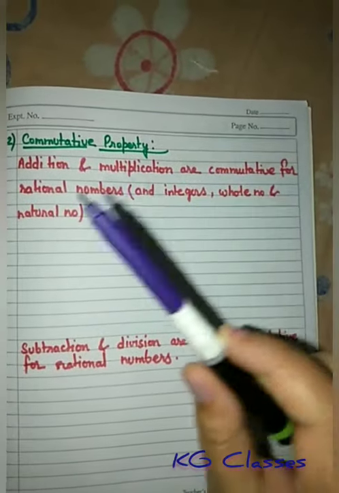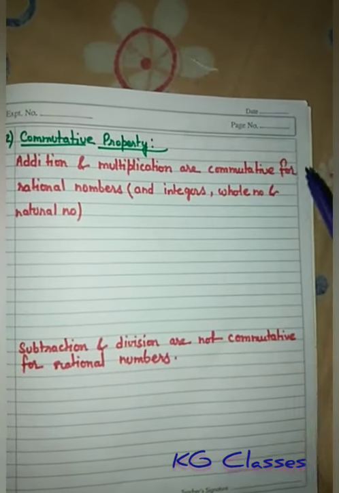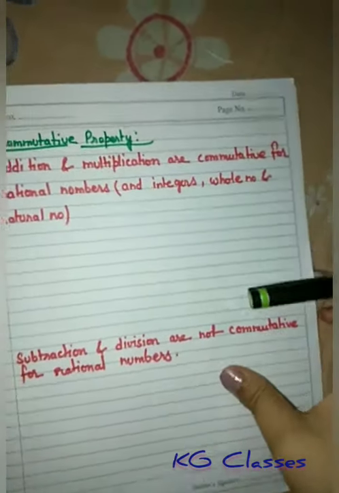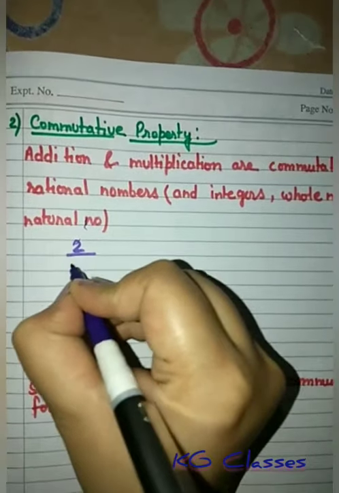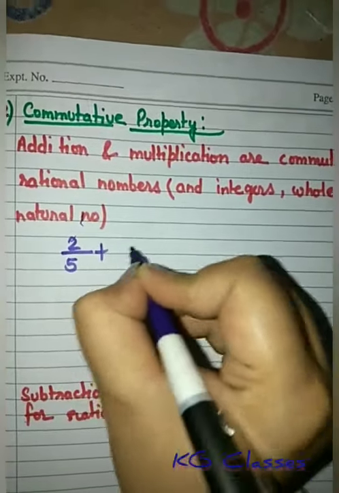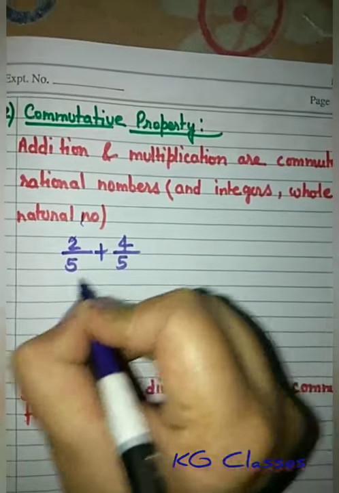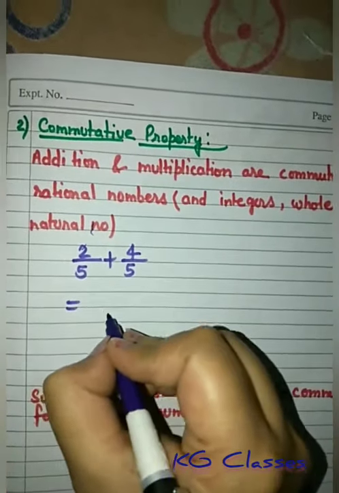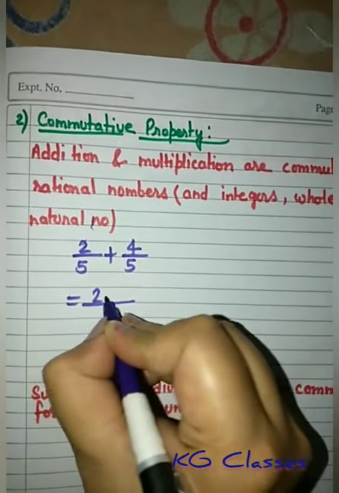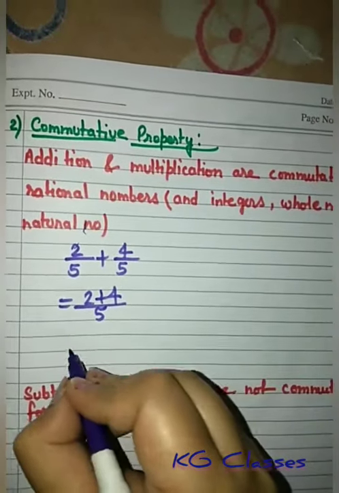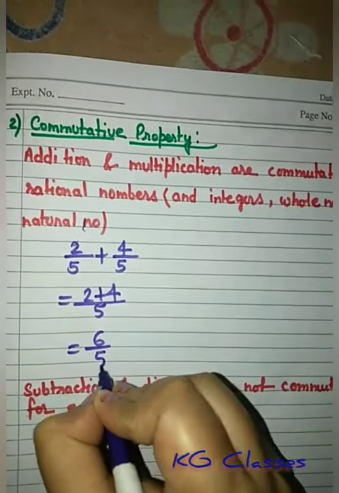So the next property is commutative property. Addition and multiplication are commutative for rational numbers. What will we do? If we have two rational numbers 2/5 and 4/5, if we add them, what will we get? 6/5.